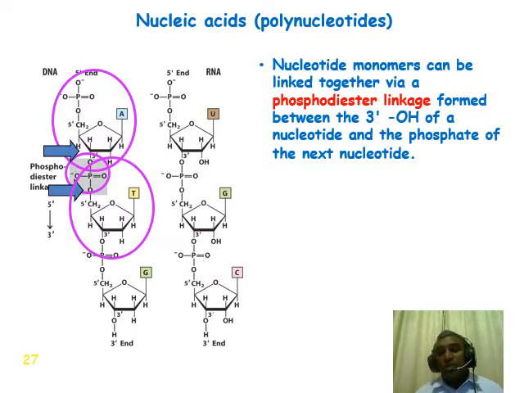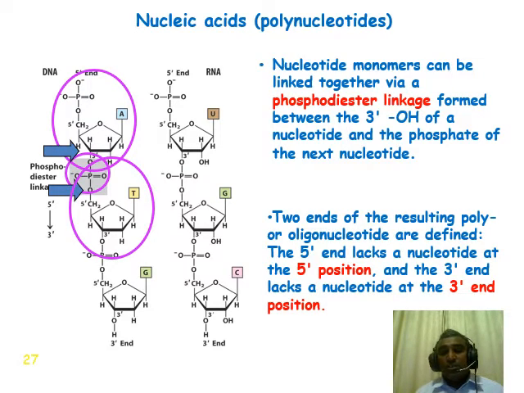So when the phosphodiester linkage takes place, there will be removal of a water molecule, or referred to as a condensation reaction. So that is the phosphodiester linkage, which happens to be the covalent bond of nucleic acid. The 3D structure is actually contributed by the hydrogen bond, which in a while we look at as well.